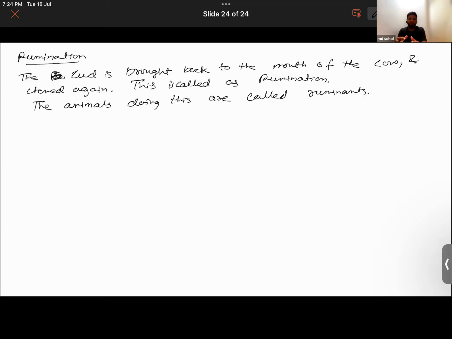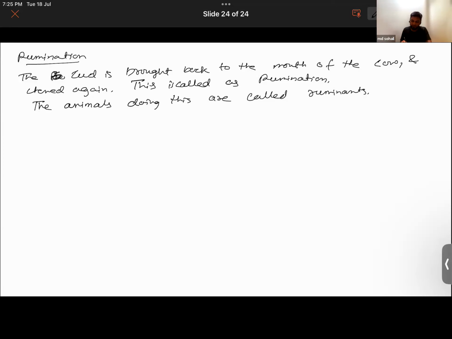And if you see our body, why is our body not able to digest the cellulose? It is because we do not have the cellulose digesting bacteria and we do not have the enzyme required to digest the cellulose, all right, guys, as compared to this cow over here.